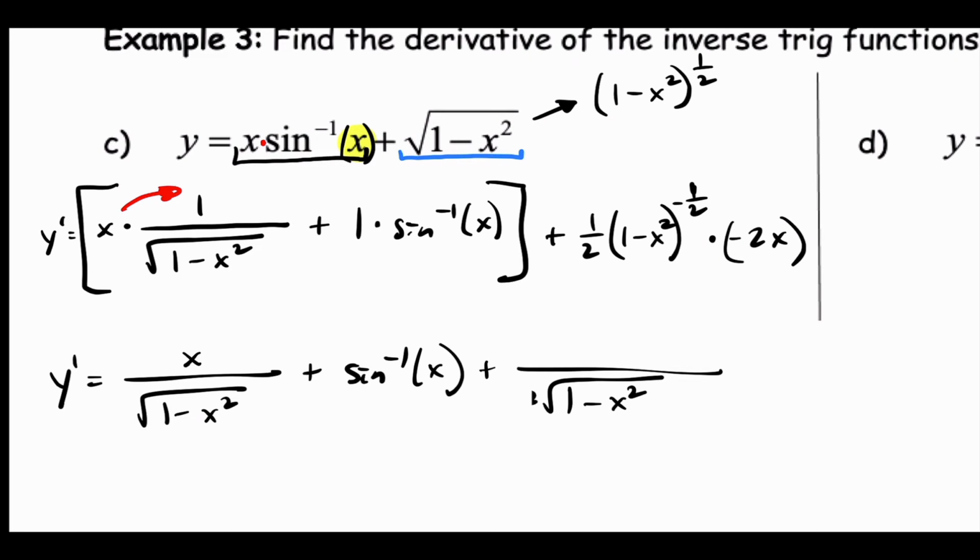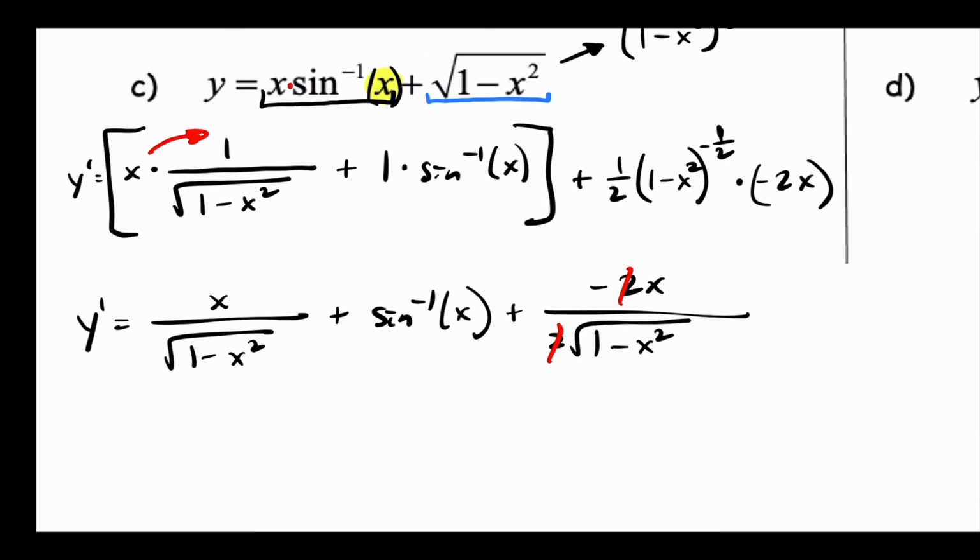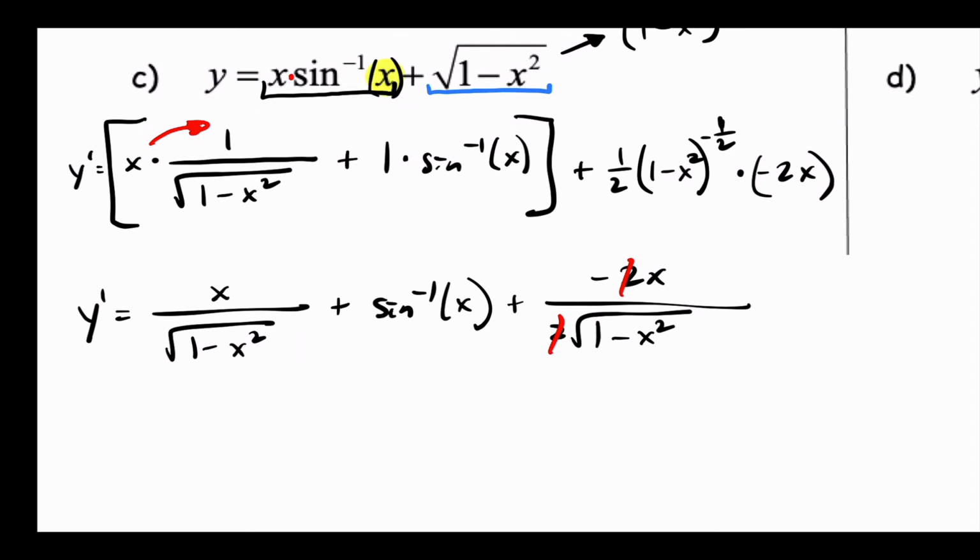I'm going to have a 2 down here and a negative 2x on top, but those will cancel out. So I have negative x over square root 1 minus x squared.